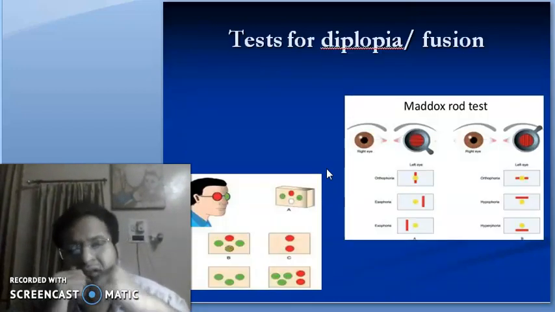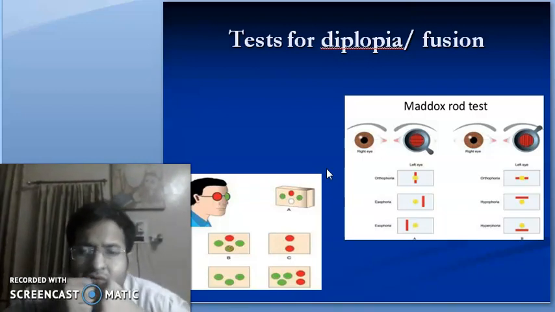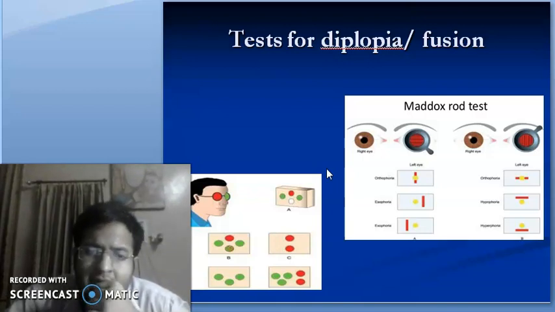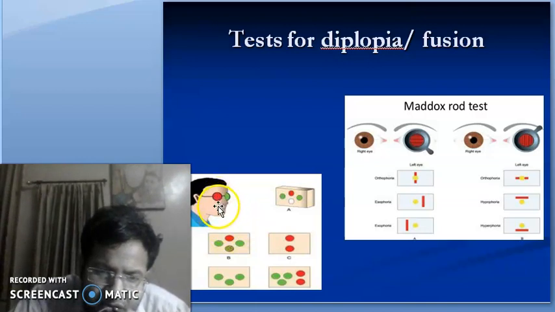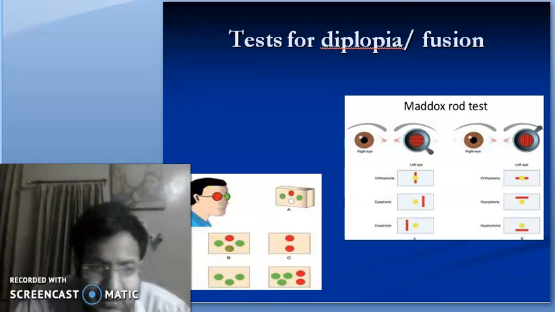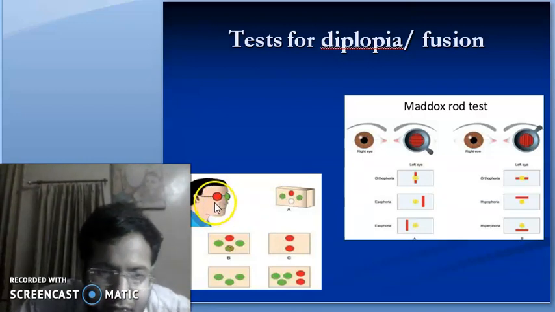What are the various tests other than measurement of the strabismus which can be used? We can use tests for diplopia or fusion. One test is the Worth four dot test, in which the red glass is used over the right eye and green glass over the left. Remember R for red and R for right.